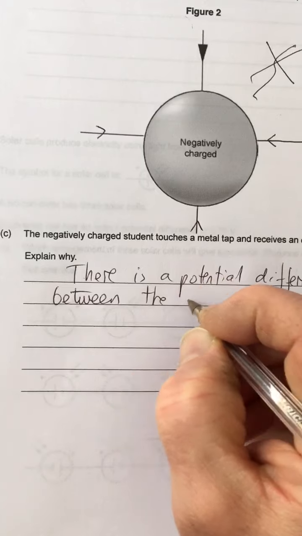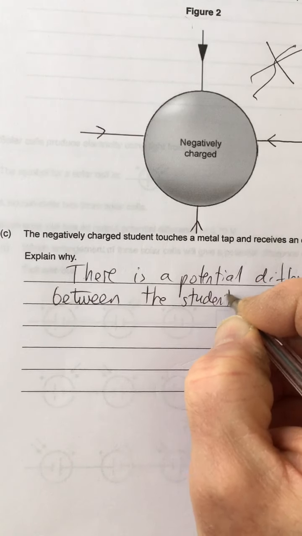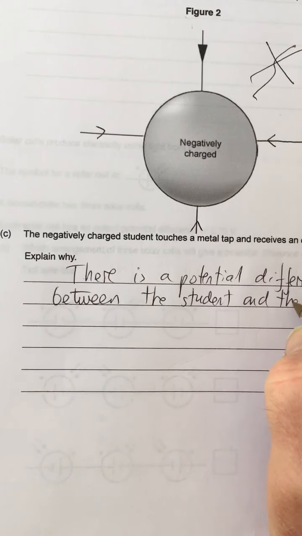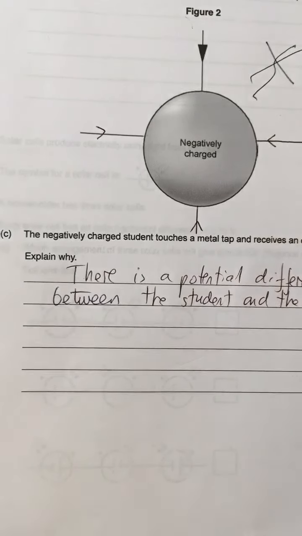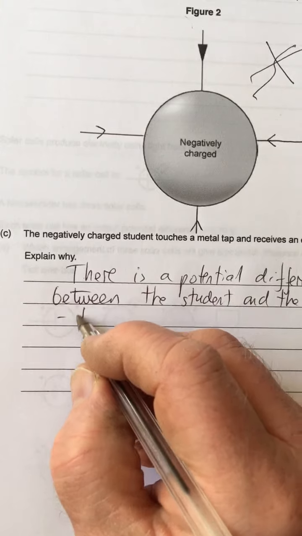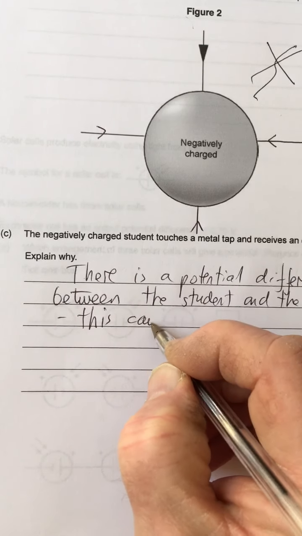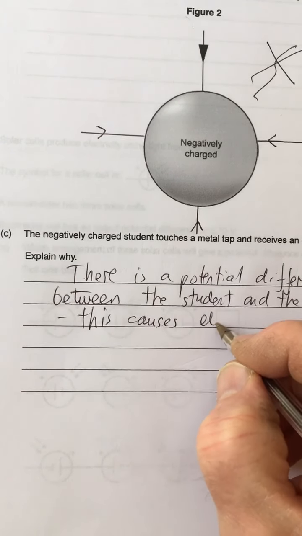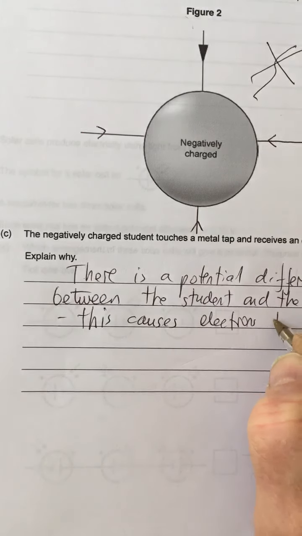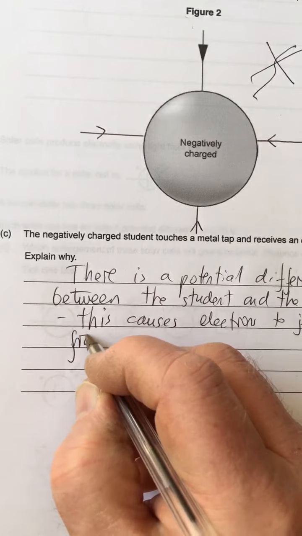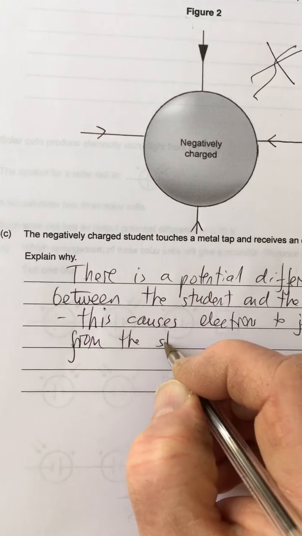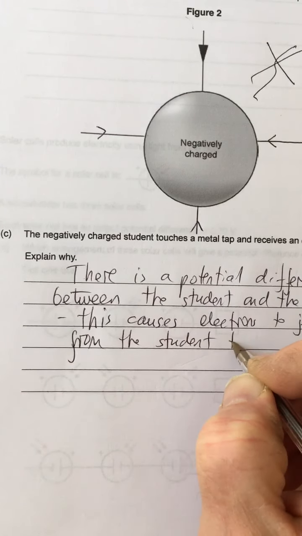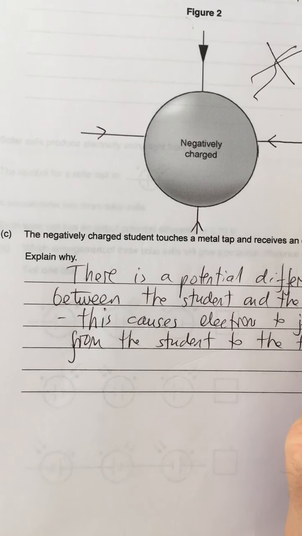Between the student and the tap. And that causes electrons to jump from the student to the tap.